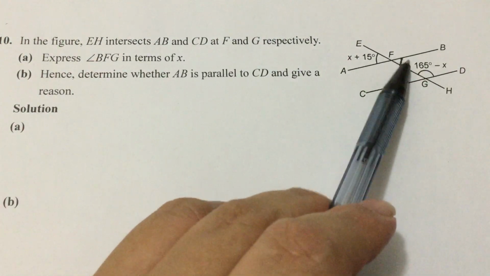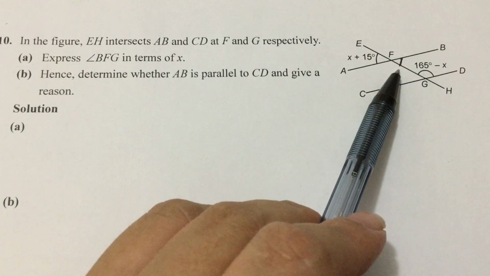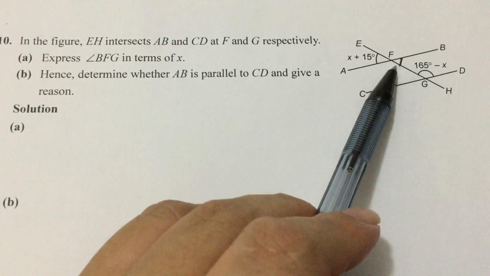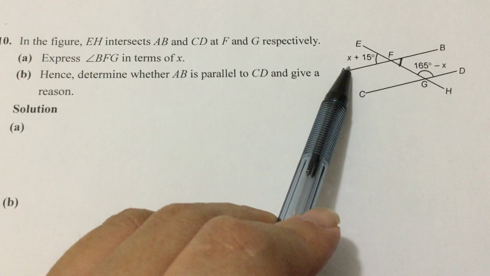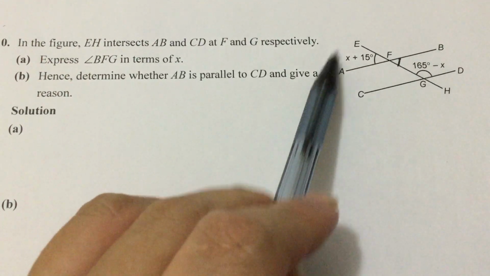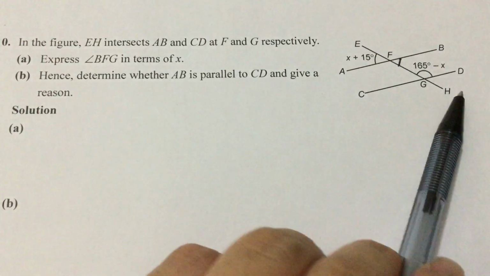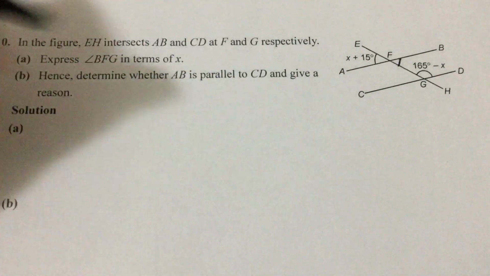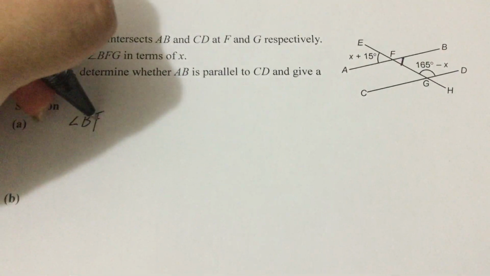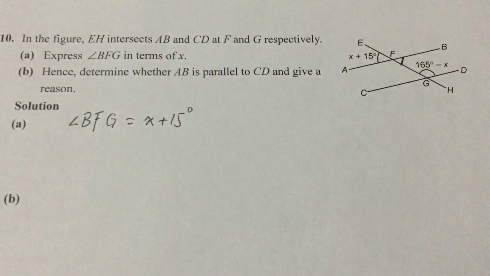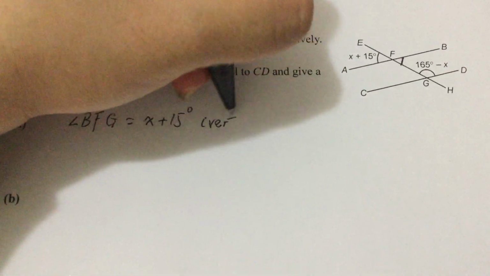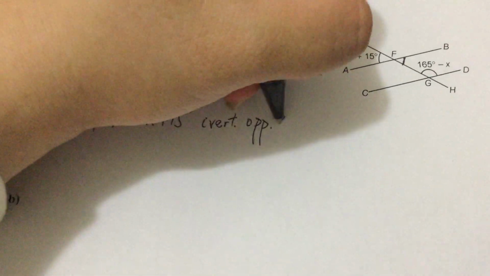That means we cannot write an exact number in this question. We must have the help of x. So why don't we write that this one must be x plus 15 immediately? Because this one is called the vertical opposite angle, as these two must be a straight line. So we can write down angle BFG is equal to x plus 15 degrees. The reason is vertical opposite angles.